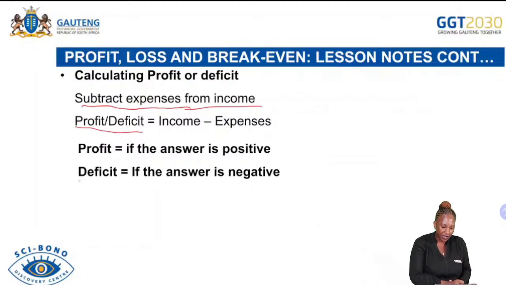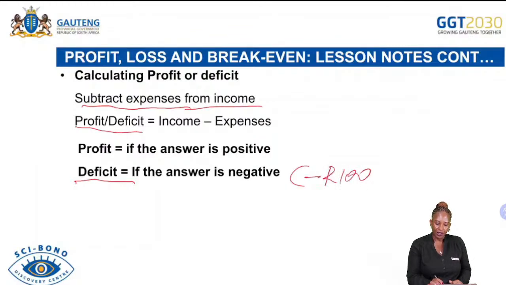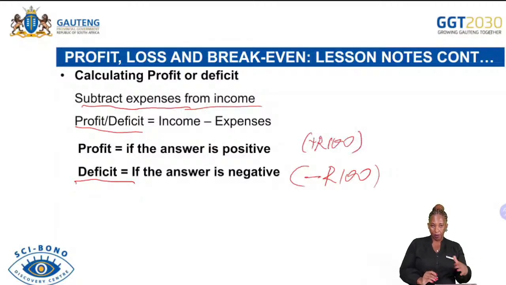That negative, we say it is a deficit. Sometimes you'll see a negative sign, maybe negative 100 rand. And if it's a profit, then we'll just say it is 100 rand or a plus. So we can identify it by a plus or by a negative if we want to know whether it is a profit or a deficit.